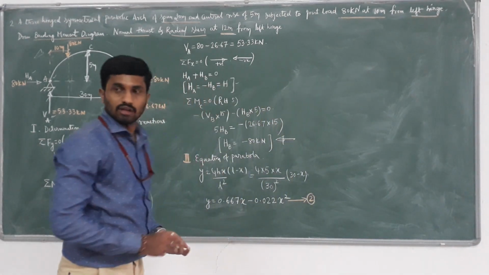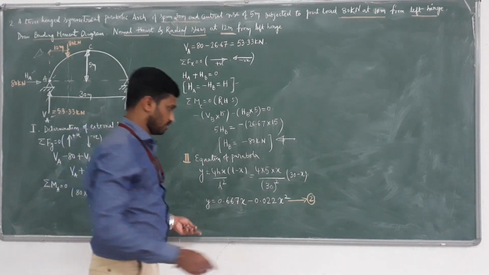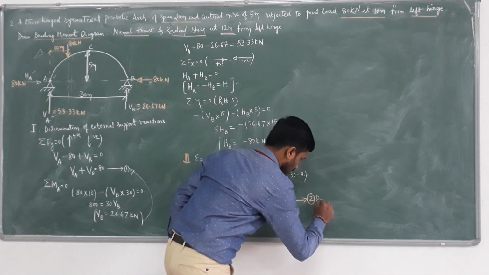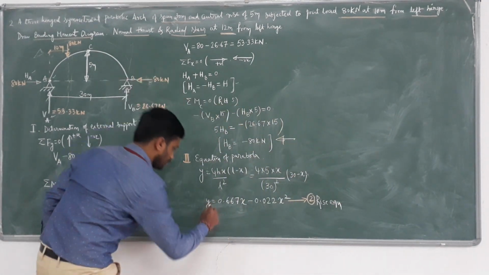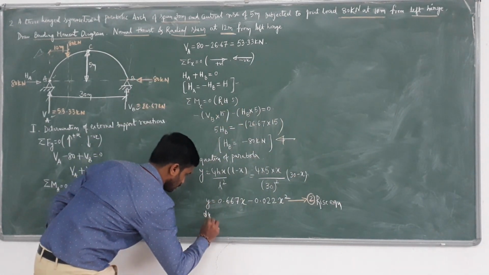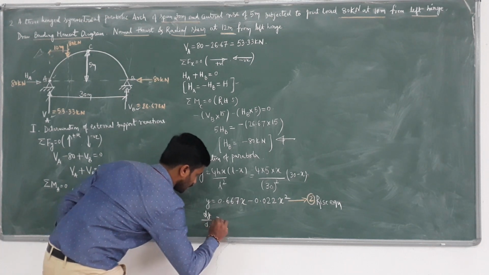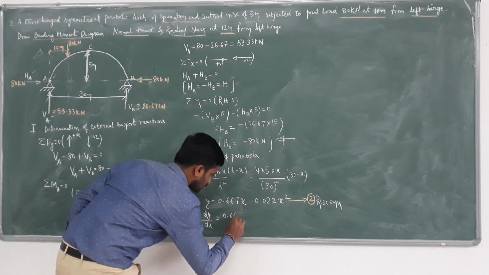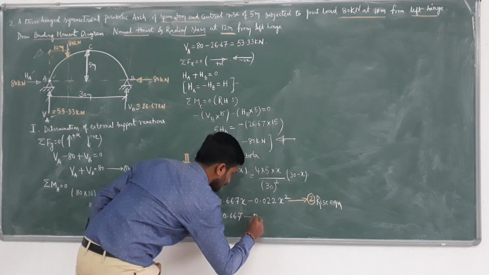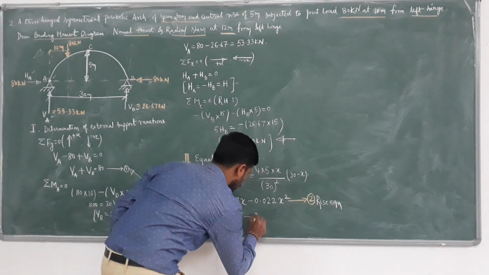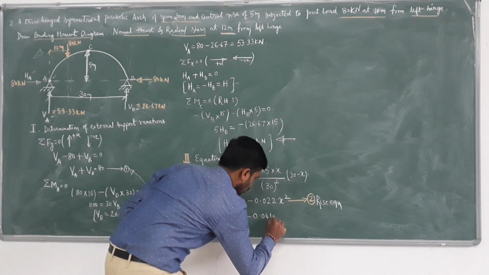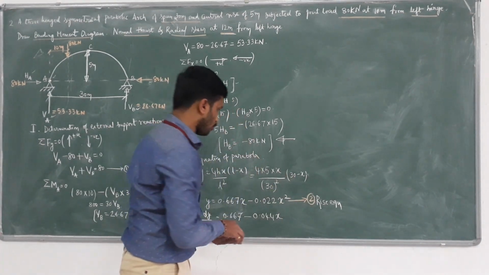Now you differentiate this equation. This equation is called the rise equation. If you differentiate it, you get dy by dx equals 0.667 minus 0.022 into 2x, which becomes 0.044x.